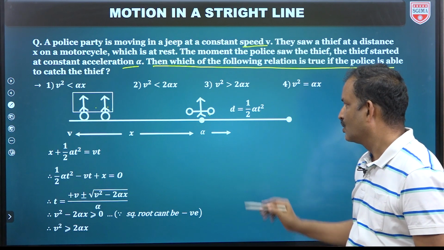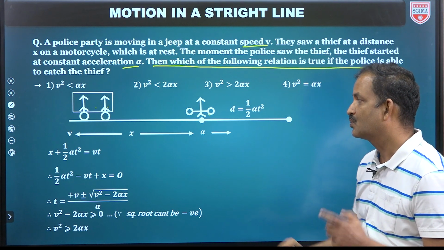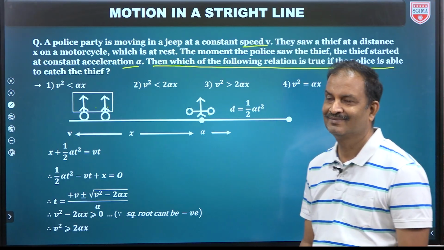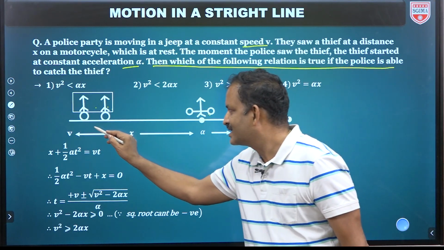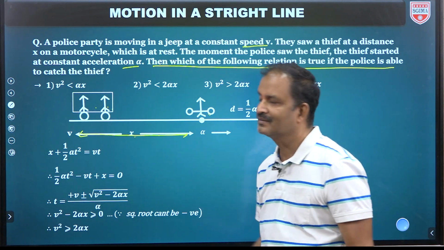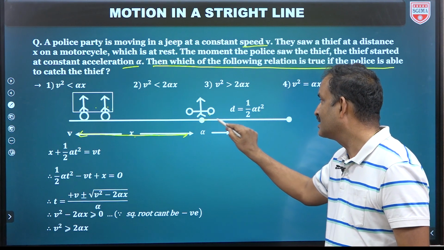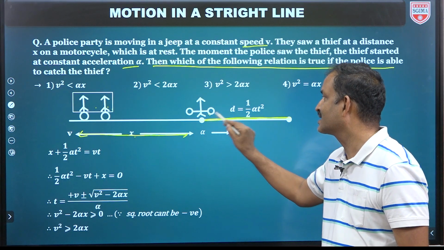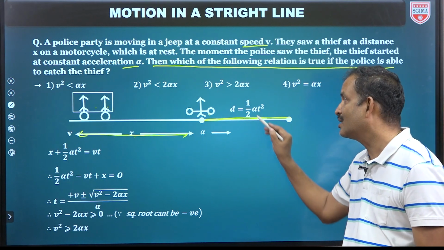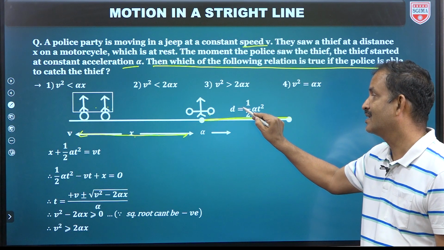See, to catch the thief, this police should travel the distance. Already initially there is some separation x, plus in that time the thief will travel a distance. That distance is equal to ut plus half at square. Here the thief started from rest.